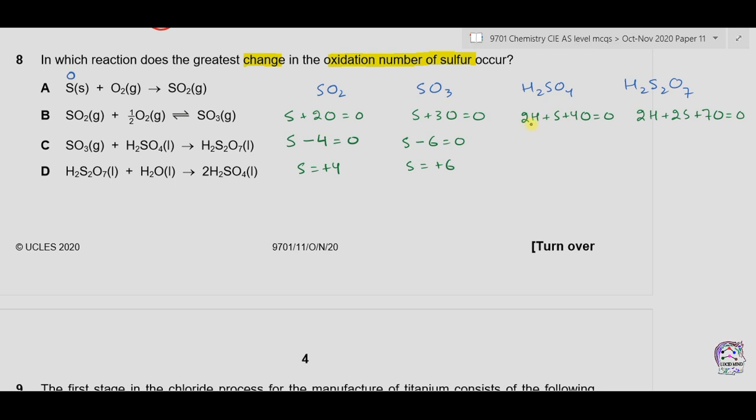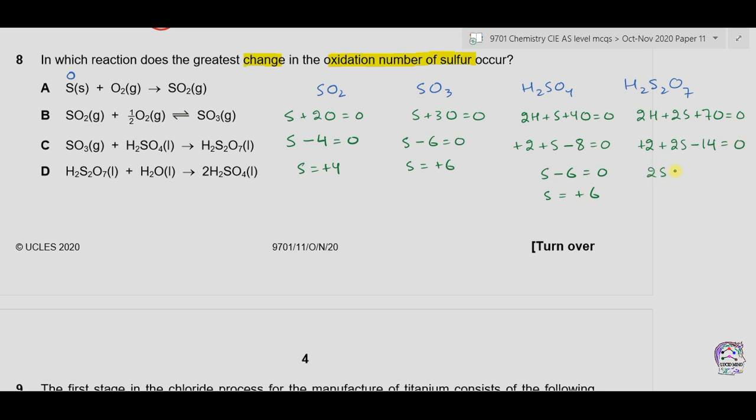For H2SO4 the charge on hydrogen is plus 1, so we have plus 2 for 2 hydrogen, sulfur, and for 4 oxygen it will be negative 8. So we can write S minus 6, or S will be equal to plus 6. For H2S2O7 we have 2 hydrogen atoms with plus 2 oxidation state, 2 sulfur, 7 oxygen will be equal to negative 14.